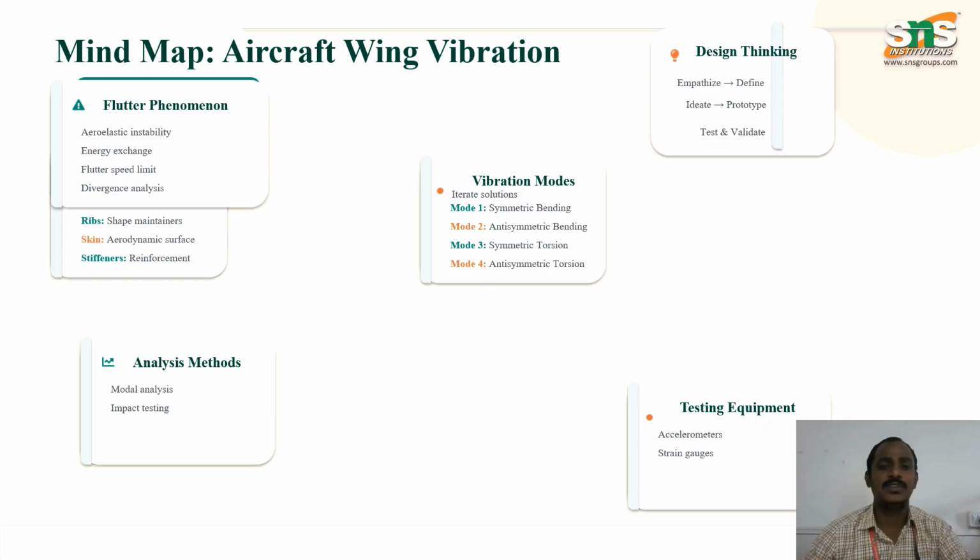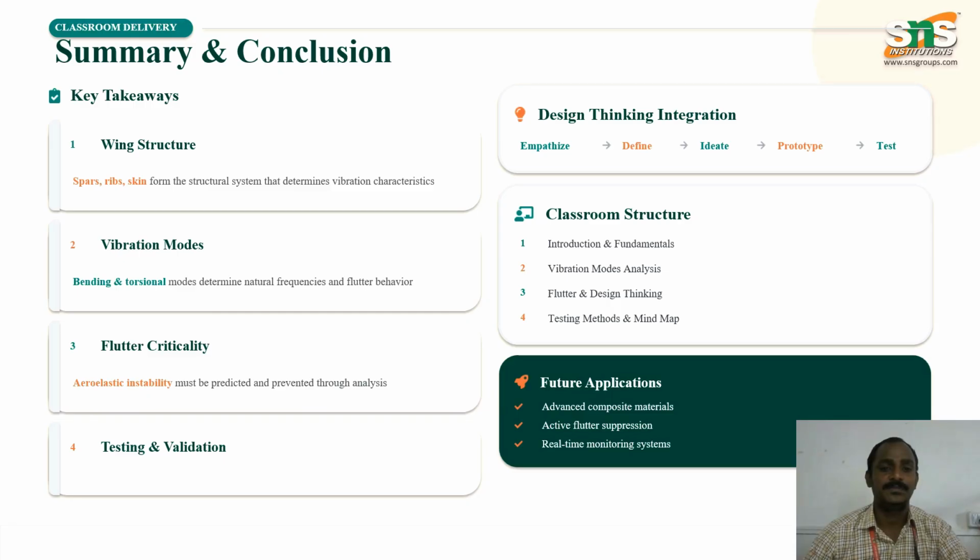The design thinking branch illustrates the cycle of empathize, define, ideate, prototype and test. Finally, analysis methods such as modal testing, impact experiments, accelerometers and strain gauges provide practical tools for engineers. This integrated framework helps us to understand and control wing vibration effectively.